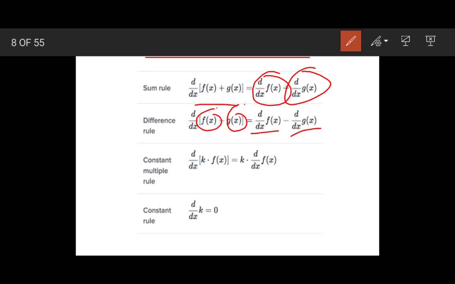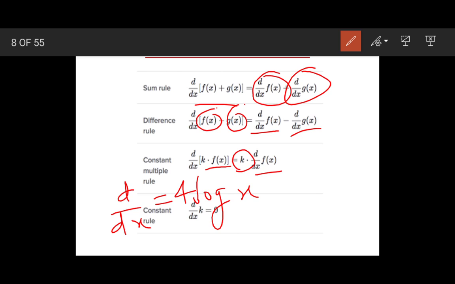Then the constant multiple rule means if the derivative is in the form of k into f of x, then k will come outside the derivative. Then we have to find derivative of the function. So for example, if it is given as derivative of 4 log x, that is 4 into log x, we'll take this constant k, meaning 4, outside the derivative.